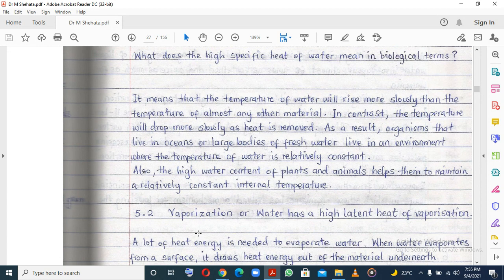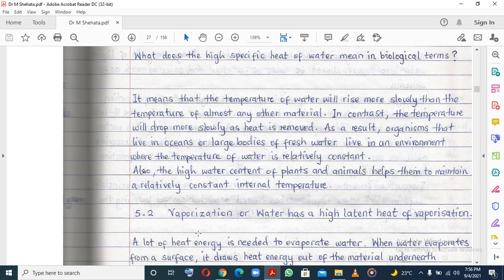So with regards to life, this is important because it helps to maintain our body temperatures. That's why whether it's hot or cold, when you measure your body temperature, it will be relatively around the same range, isn't it? 36.1, 36.5, it will be around that range.